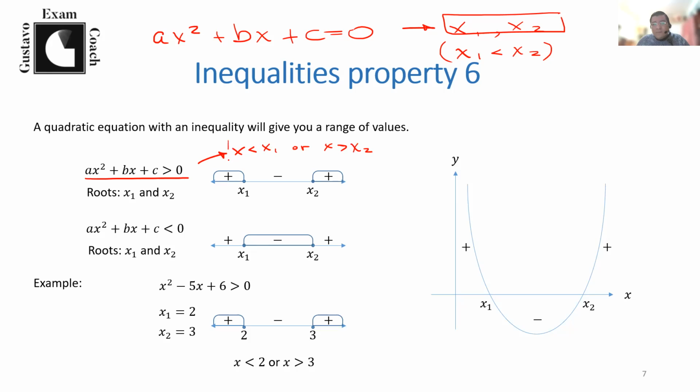All values of x outside the interval formed by the two roots of the equation will be solutions to this inequality. On the other hand, if you have the inequality ax squared plus bx plus c is less than 0, then you can say that the solution set for this inequality would be this double inequality, all possible values between the two roots of the corresponding equation.